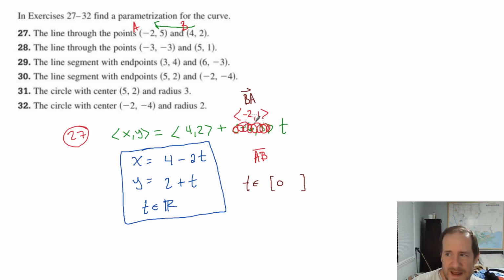I chopped it into a third because I factored out a 3. So this vector is actually 1/3 of the vector that goes from B to A. So that means starting at 0 gives me B. But if you want to run all the way back to A, you better let t increase up to 3. So that's a pretty big difference from what I said previously.